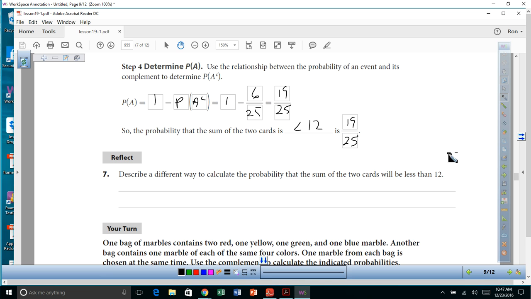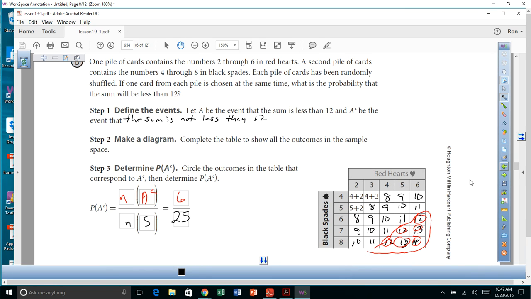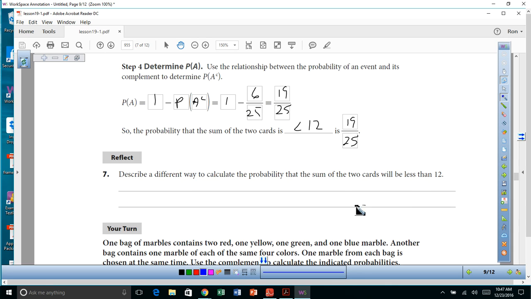So basically, you're just going to go over here and we'll use blue. 1, 2, 3, 4, 5, 6, 7, 8, 9, 10, 11, 12, 13, 14, 15, 16, 17, 18, 19. So that gives you 19, and then there was 25 total, so 19 over 25.